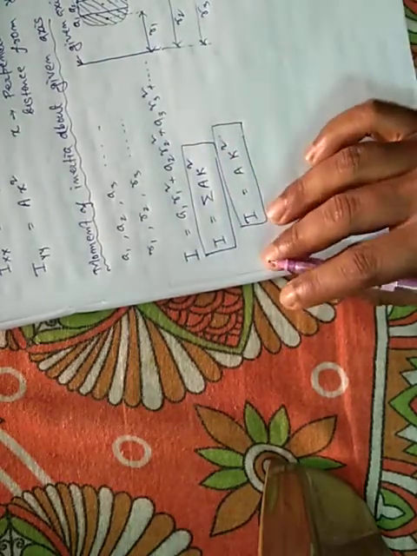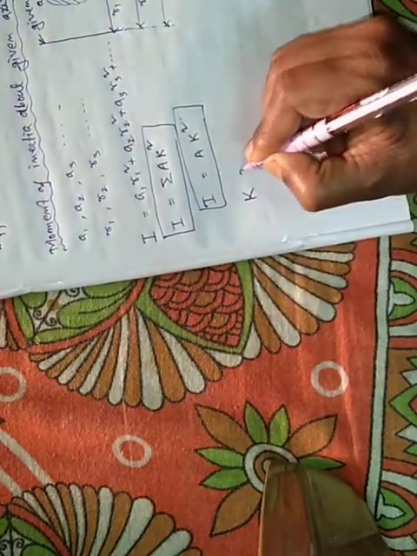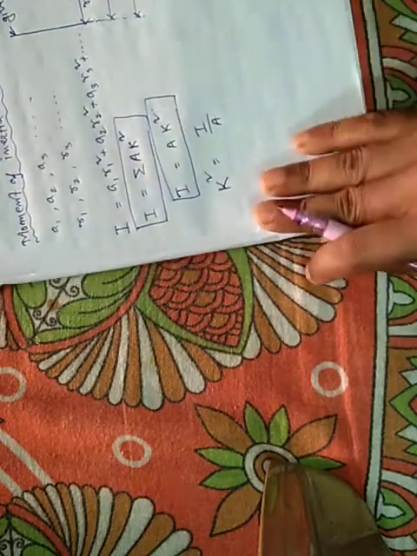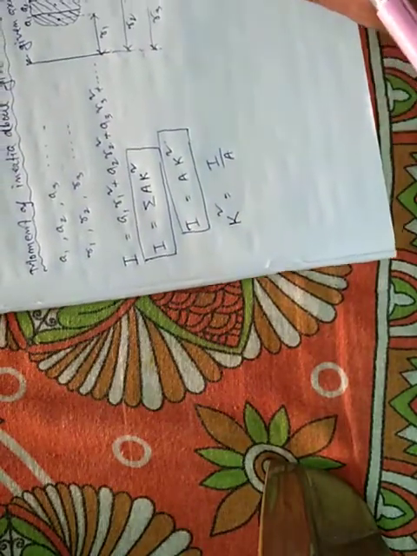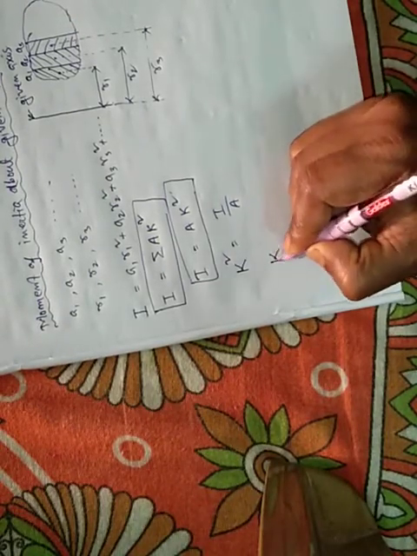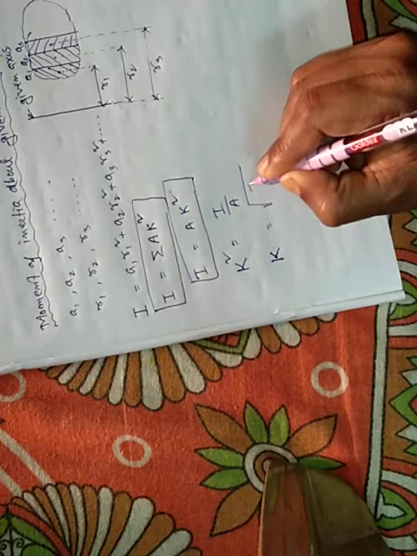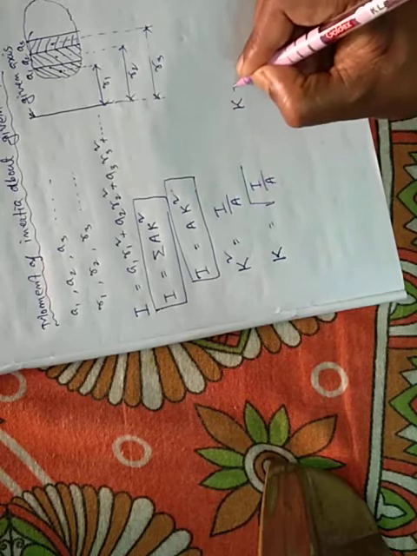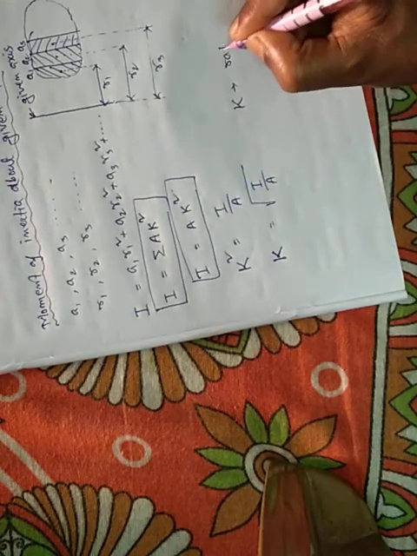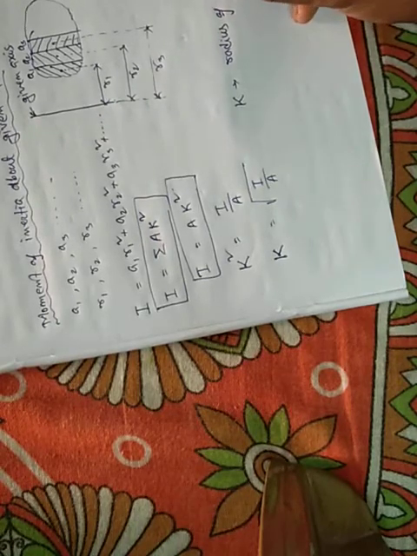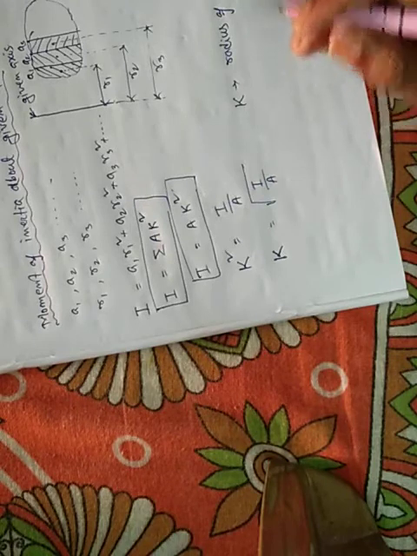From here we can find the value of k: k square equals I by A. So k is equal to root over of I by A. This k is the radius of gyration.